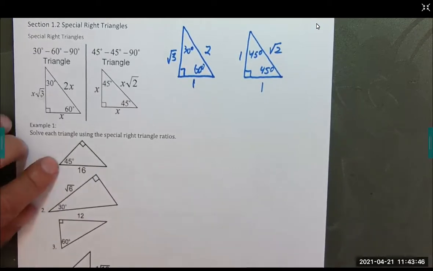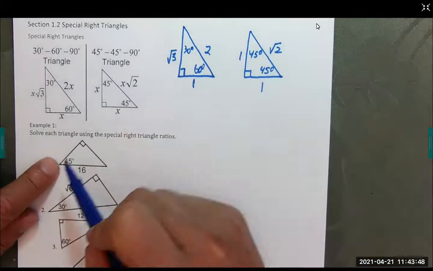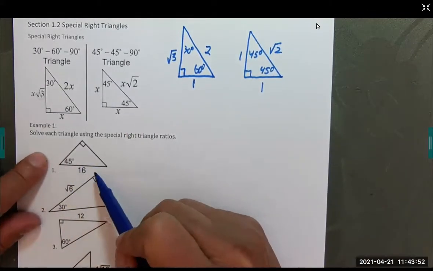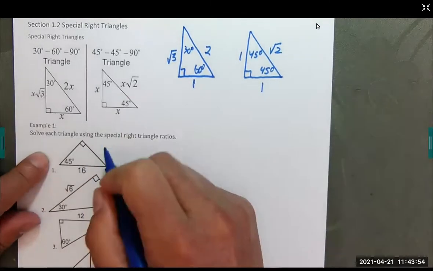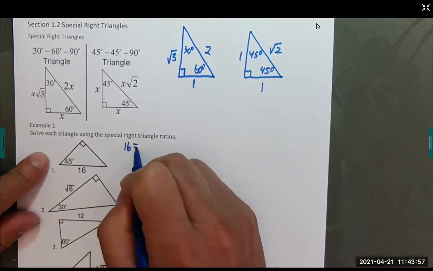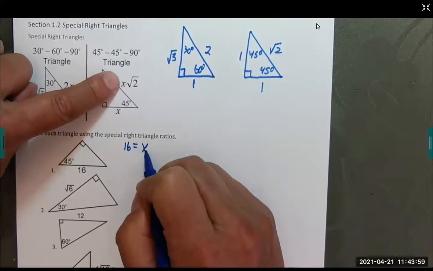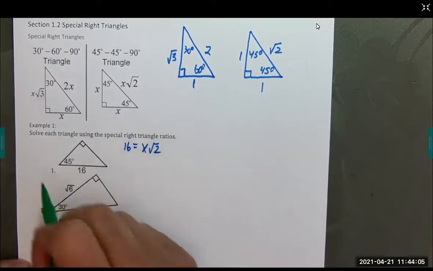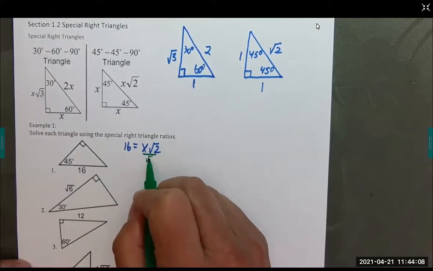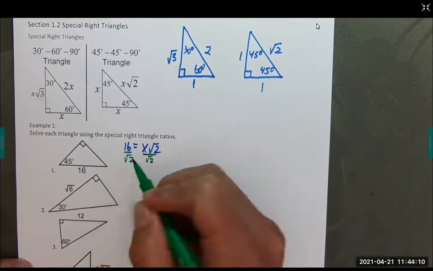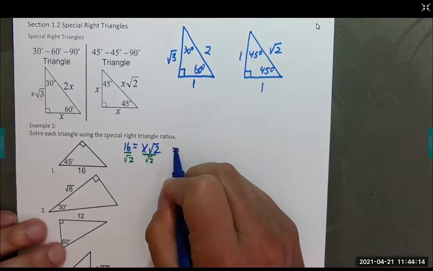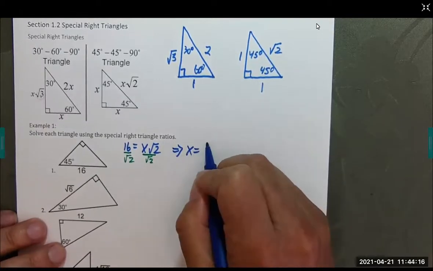And here we have a 45-45-90. So even though they didn't write the 45 there, we know that there's a 45 there. And this 16 here is the hypotenuse, which means 16 is equal to x root 2. Well, what does that mean for us? We're going to solve for x now, because we're going to find the missing sides. This becomes x equals 16 over root 2.